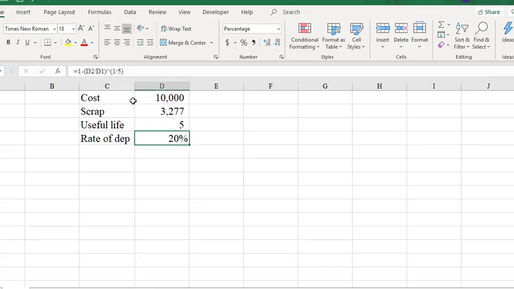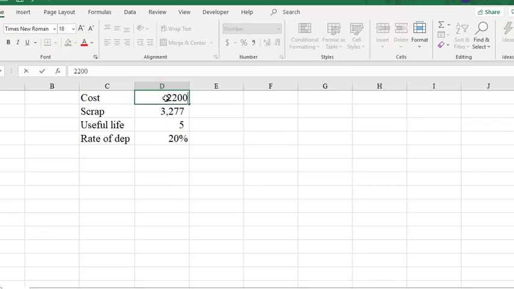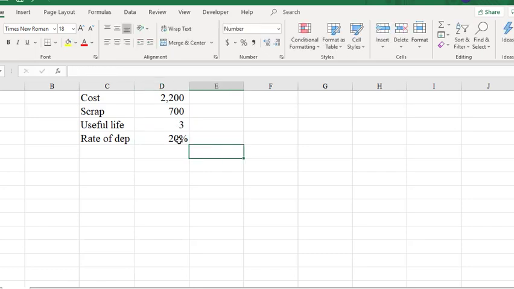So if you want, we can compute it like this. Cost is 2.2 million, and the scrap value is 700, and our economic life is 3 years. So yes, you can see it is 32%.